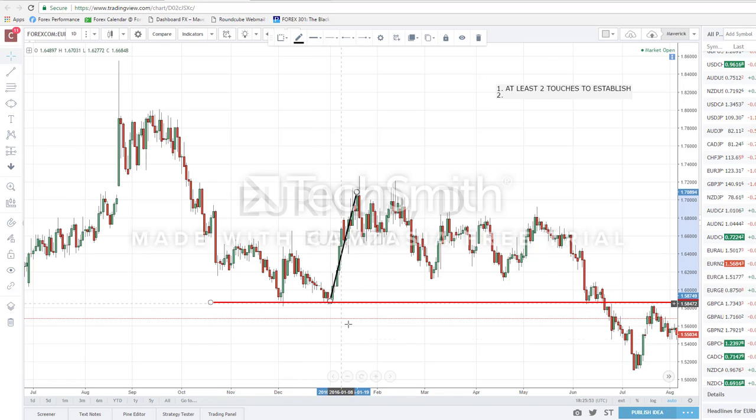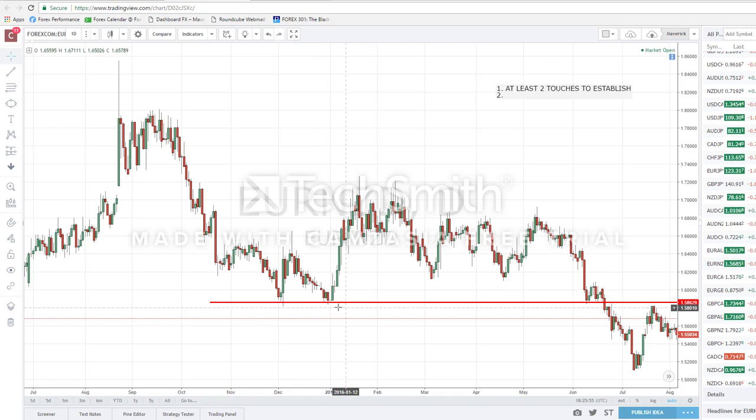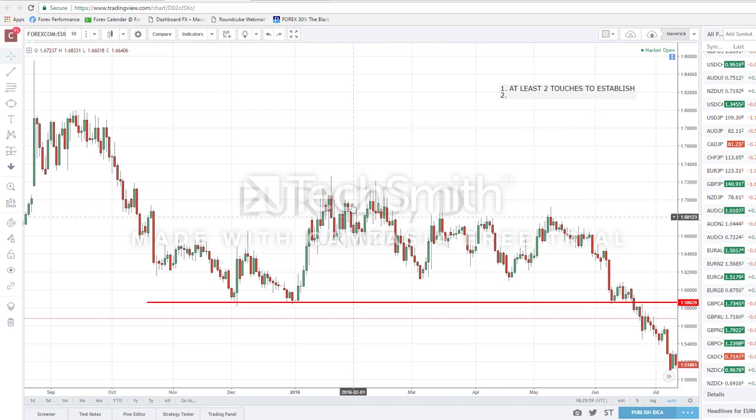That is a very, very, very strong sign that this zone is being watched by multiple people. And at the end of the day, that's what we want to find in trading. We want an area that multiple people are watching and reacting to, because that's what moves the markets. Filled orders, trades that are already made, don't move these markets. These markets move from unfilled orders, from orders waiting to be triggered and waiting to be filled.